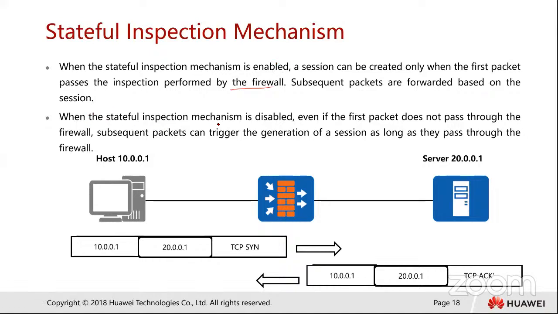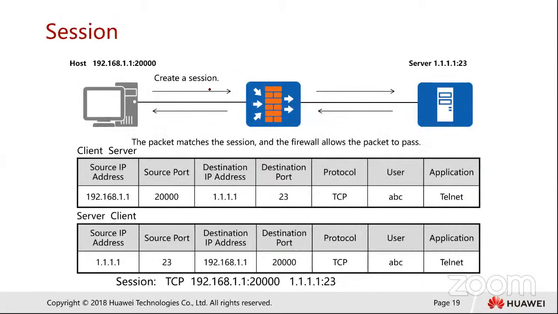And when the stateful inspection mechanism is disabled, if the first packet does not pass through the firewall, subsequent packets can trigger generation of a session as long as they go through the firewall. So this is just basically an illustration about the first packet. It usually goes through, and if it passes the rules that are configured in the firewall, then the sessions can be created.